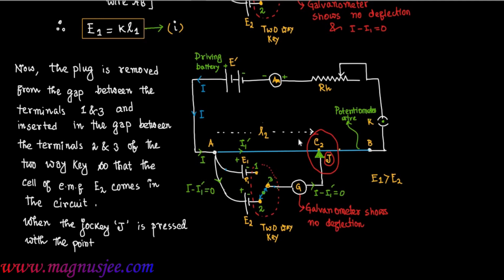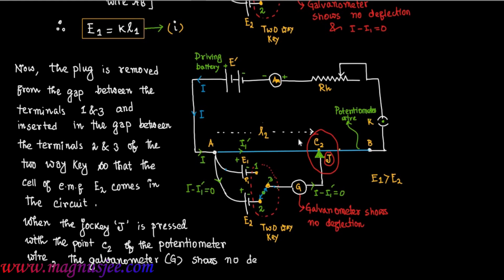When the jockey J is pressed with the point C2 of the potentiometer wire, the same galvanometer G shows no deflection.